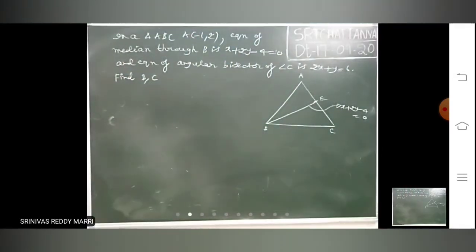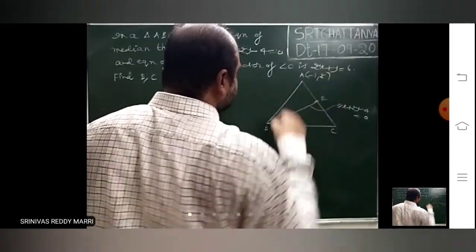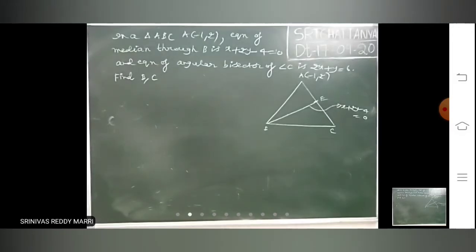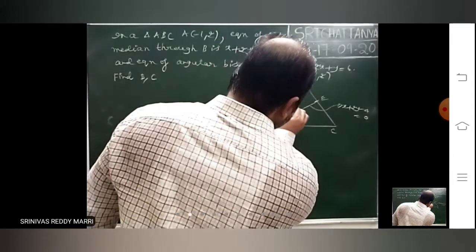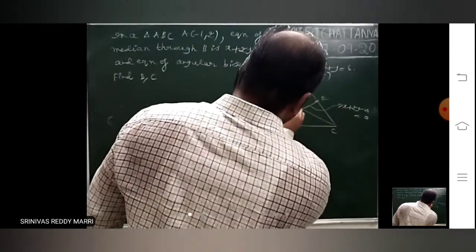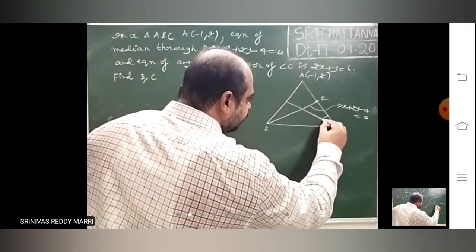The median equation is given and A is given, (minus 1, 2), and the angular bisector of angle C is given. So this is the angular bisector of angle C.